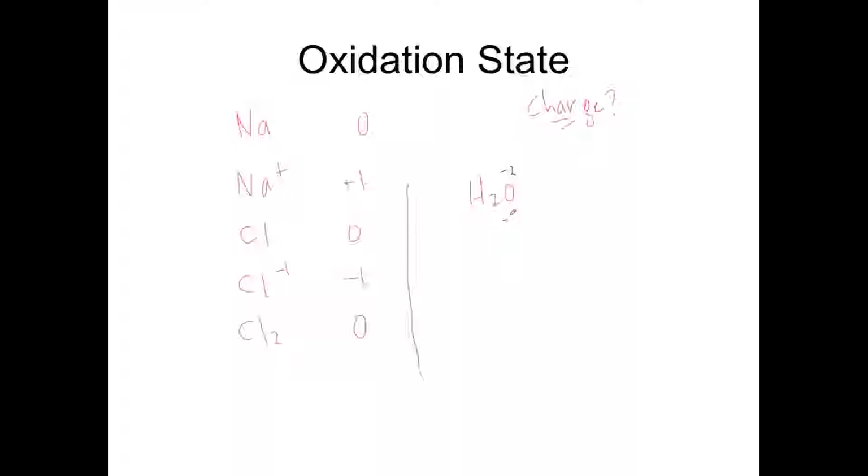Only 1. So its total charge that we can thank oxygen for is -2. Well, what is its total charge? If it's just H2O, just a water molecule, its total charge is going to be 0, right? Because it's neutral. Right? So what do I have to add to -2 in order to get 0? Well, +2, right? And I've got 2 hydrogens here, so each of those 2 hydrogens takes on one of those +1s, and sure enough, that is the oxidation state of hydrogen, and here's the oxidation state of oxygen.